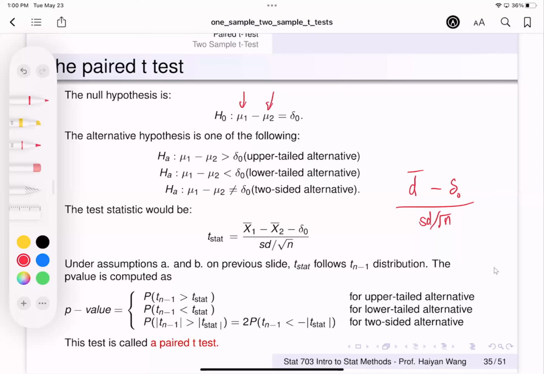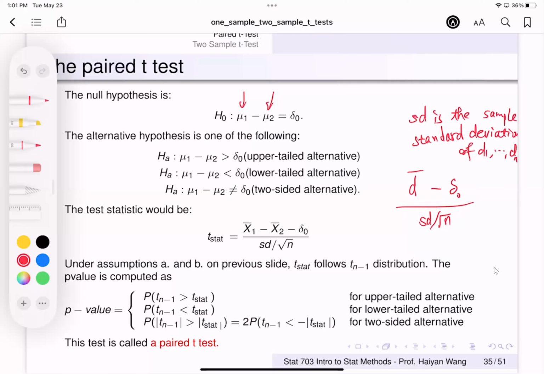And what is this SD? Here, SD is the sample standard deviation of the differences, the standard deviation of the d_i. That's the test statistic, and the p-value will be computed just like in the one sample t-test.